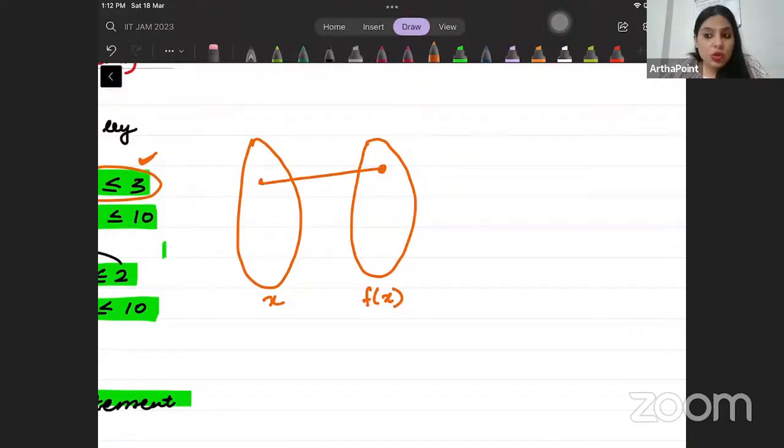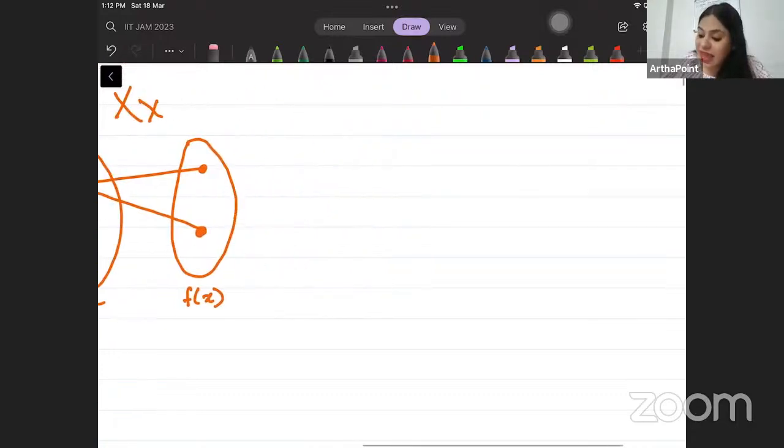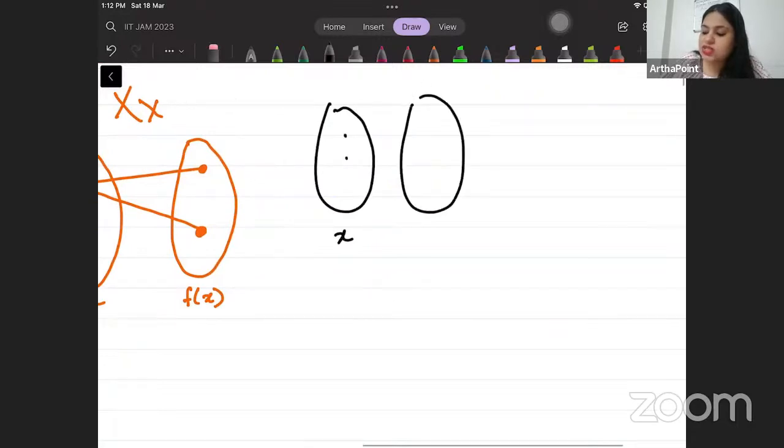What we do not want is the same value of x linking to two different values of y. That is not a function. It is possible that two x's link to the same y. This is a many-to-one function.